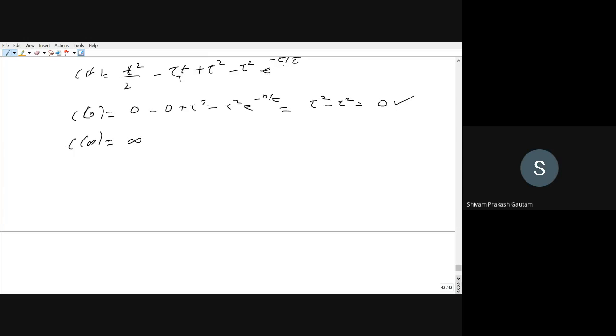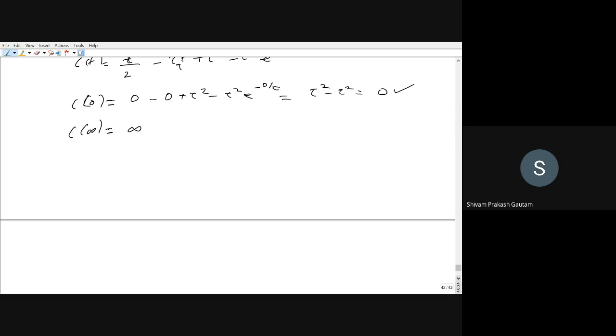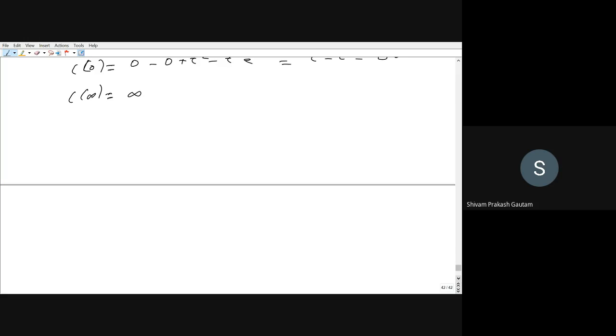So here also, if you want to draw, if you want to plot, let me plot. This is time. Let us suppose this is our input function, and our input function is parabola. So it will go on like this. This is our parabola, that is t square by 2, and output will look like something like this.